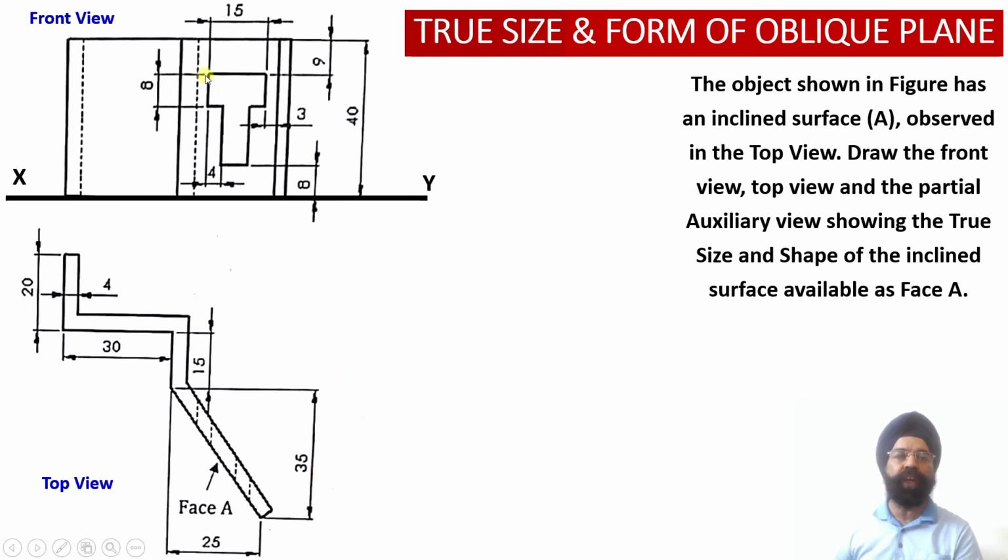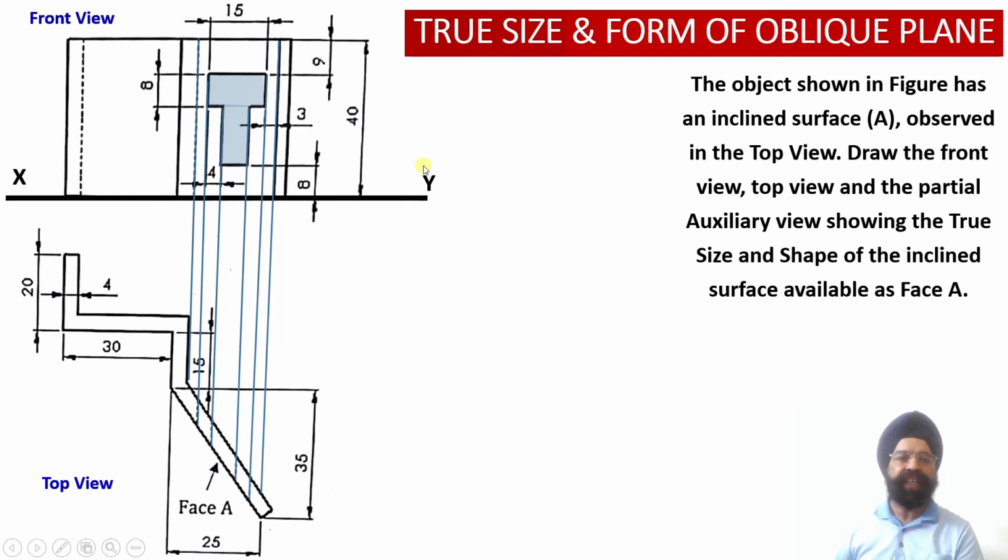Now we need to evaluate different points which are going to define this particular surface. We are required to establish the relationship between different points available on this T-shaped surface and the corresponding edge view points lying on this edge view, which happens to be an inclined surface.